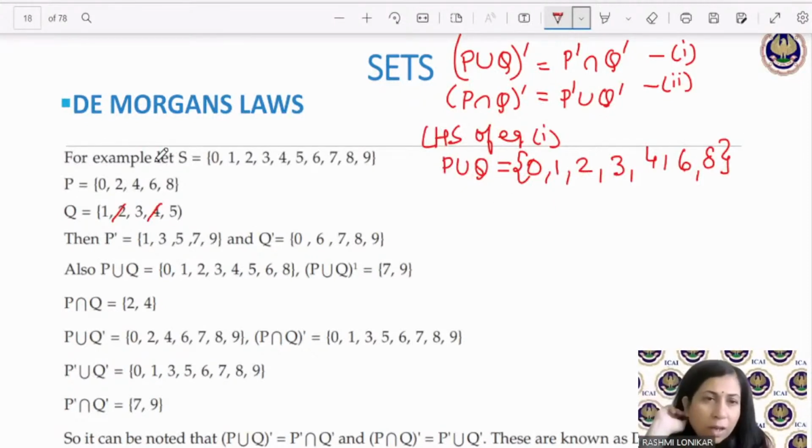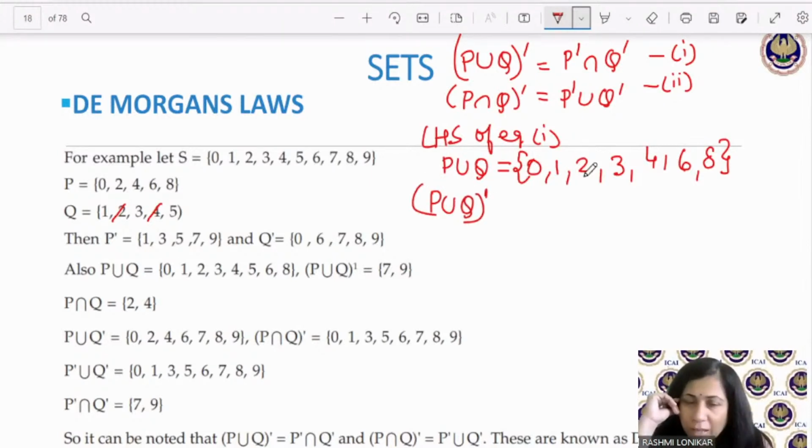Now the universal set is 0, 1, 2, 3 up to 9. Now P union Q complement means what? All the elements in the universal set which are not present in P union Q. So all the elements of P union Q, I will cross them. 0, I will cross it here. 1, 2, 3, 4.